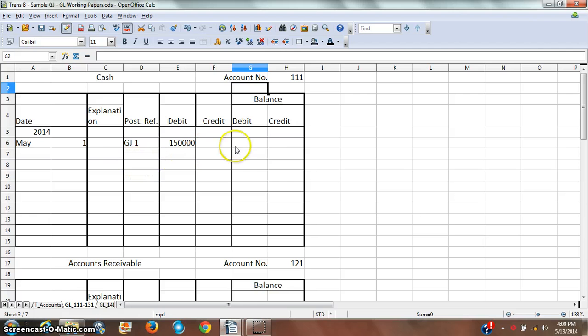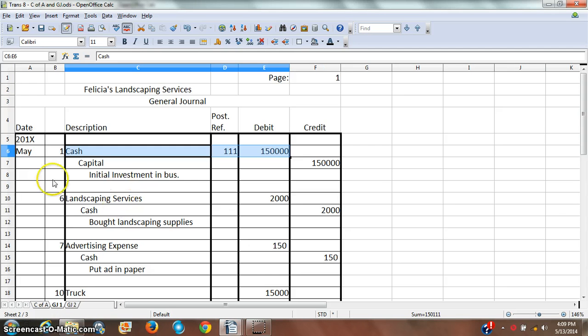And in the same way, if I'm looking at my general ledger and I want to figure out this debit of $150,000, I want to be able to find that in my general journal. So I can look here at the posting reference, and might also need the date, General Journal May 1, and then I can find that cash transaction there. That way everything's connected, and I can see how everything connects.